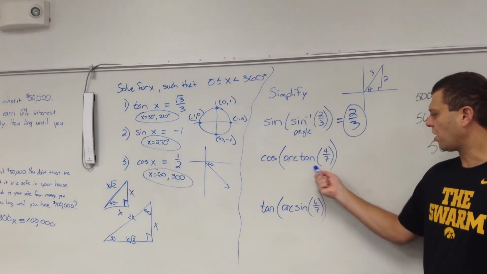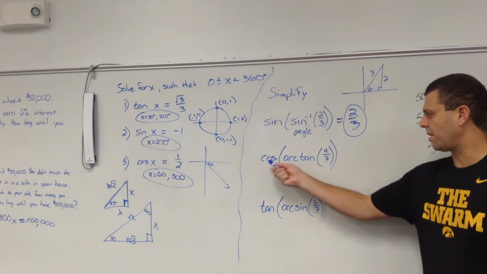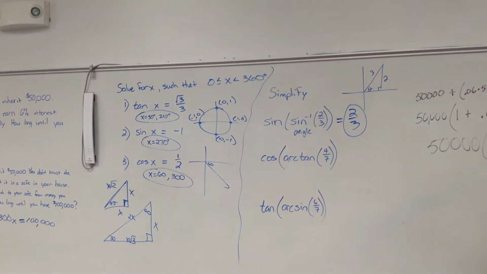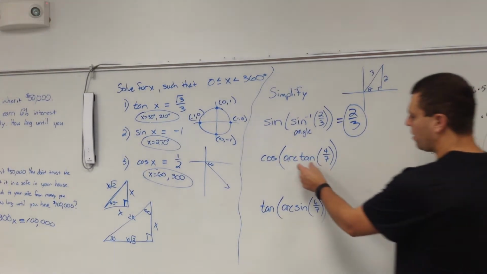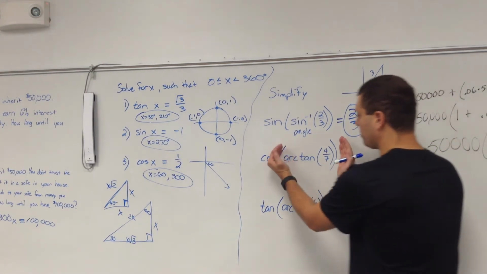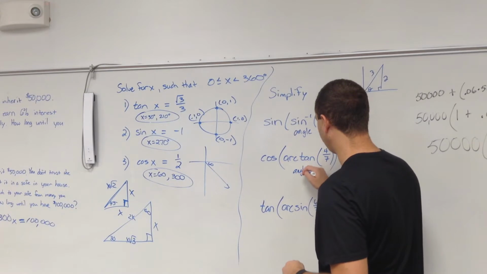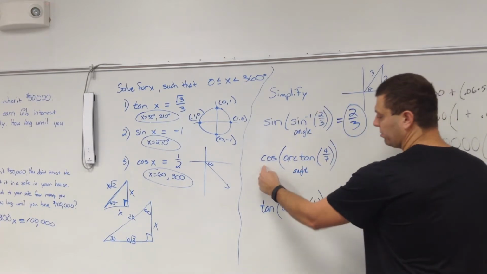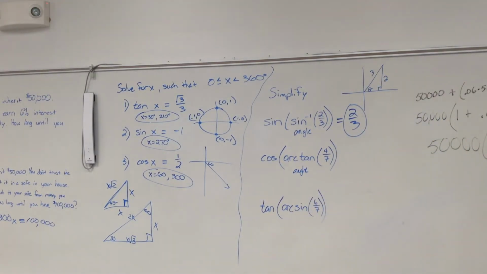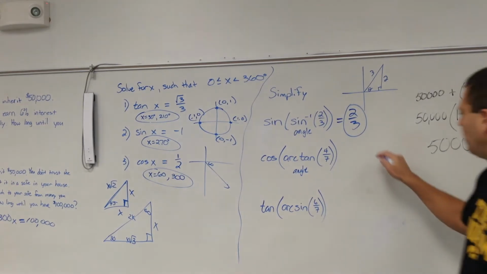So here, arctangent of 4/7, and then I'm going to take the cosine of that. Arctangent of 4/7 is going to help me find some angle, remember? This is going to help me find the value of an angle, but then I'm going to take the cosine of that angle. I think it's helpful to draw a picture.